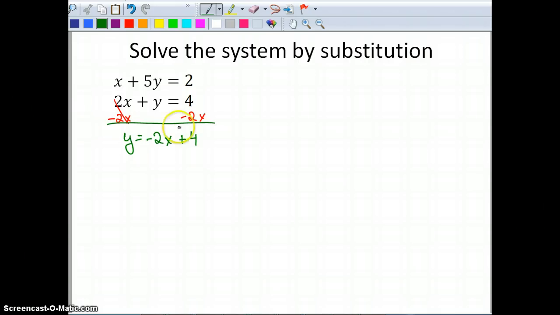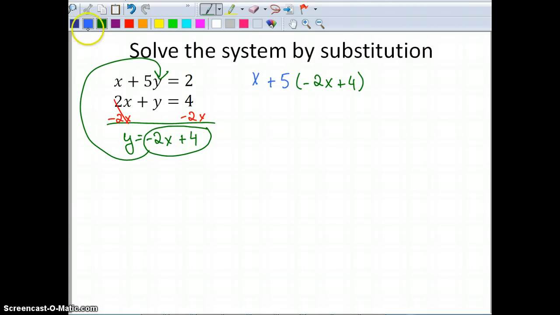Now every place in this first equation, this top equation, there's a y. I am plugging in negative 2x plus 4. So I have x plus 5 times, I'm going to plug in negative 2x plus 4, is equal to 2.